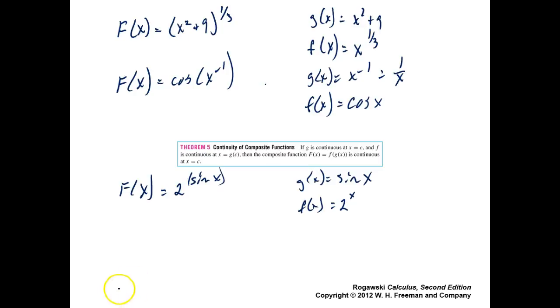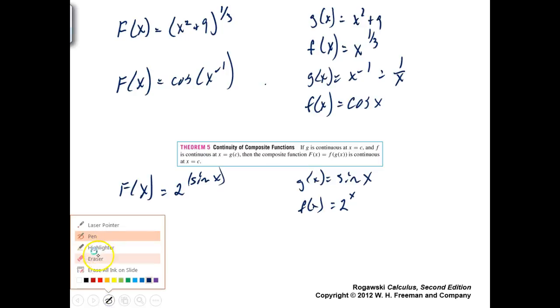Here's an example of an elementary function. I think I'm going to go to a clean page for this one. It's a little complicated looking, but it's okay. Here's your capital F of x. They tell you it's an elementary function.